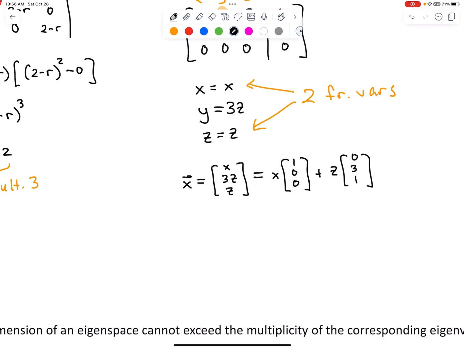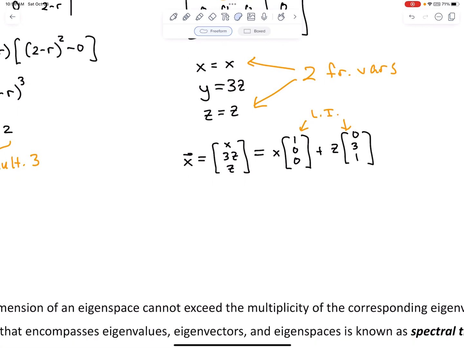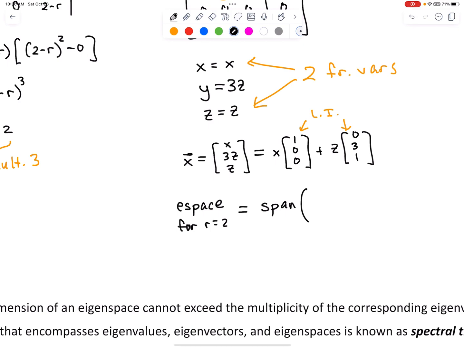So these two vectors are linearly independent, and will together form a basis for this eigenspace. Again, because we're literally saying do any linear combination of them, and you get an eigenvector, provided that the eigenvector is non-zero. So the eigenspace for r equals 2, for eigenvalue 2, is equal to the span of these two vectors as they're written.